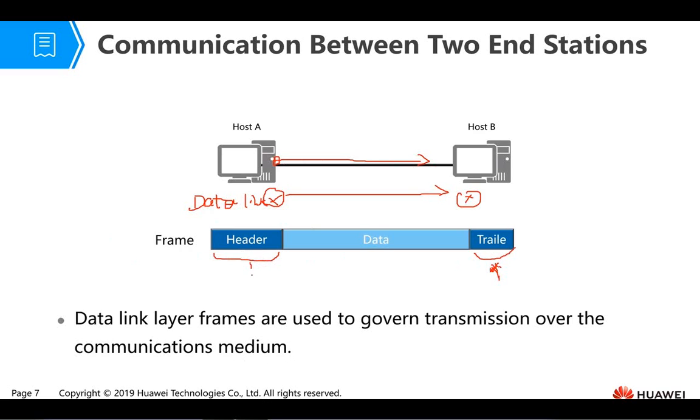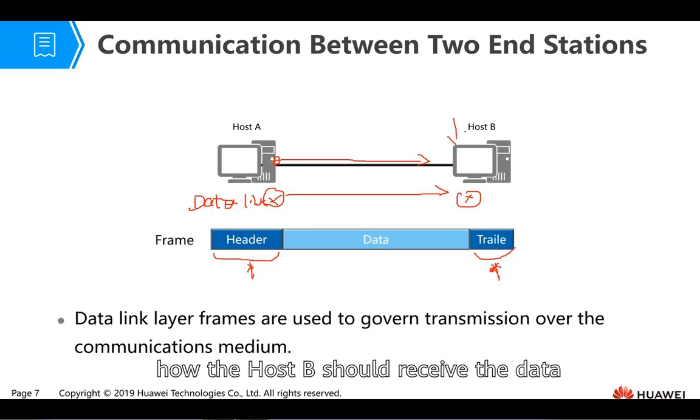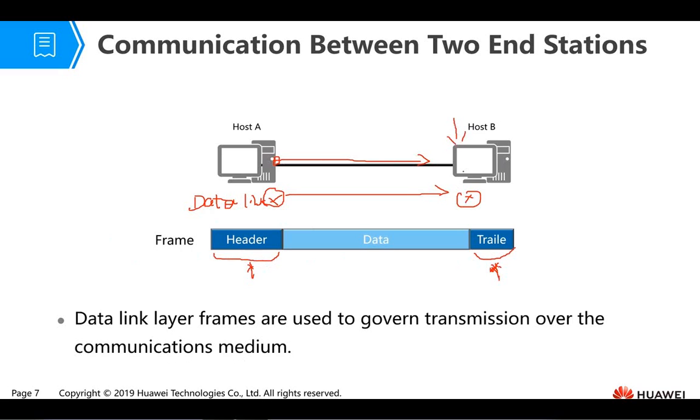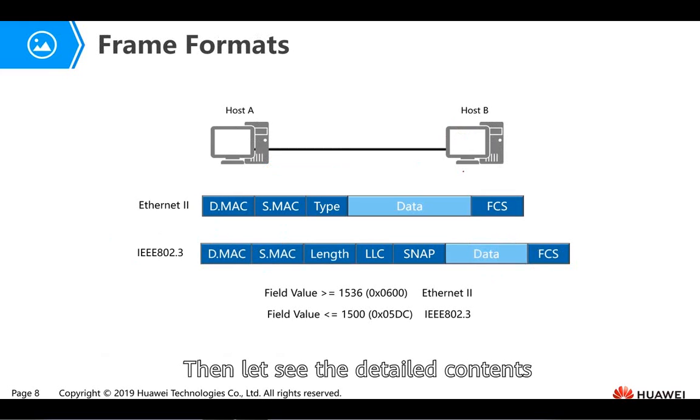And the header contains the address to decide whether host B or another host should receive this. And then we see the detailed contents.